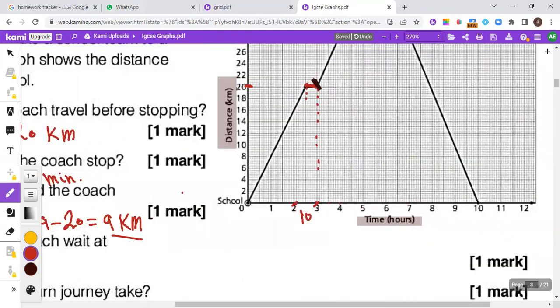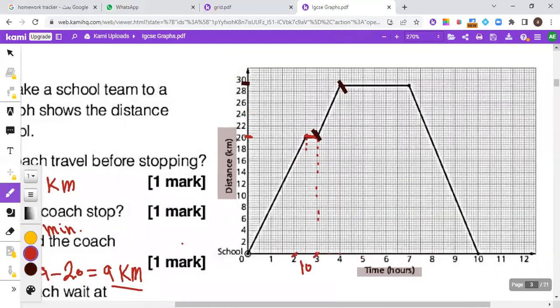How long did the coach wait at the game? What is the time?